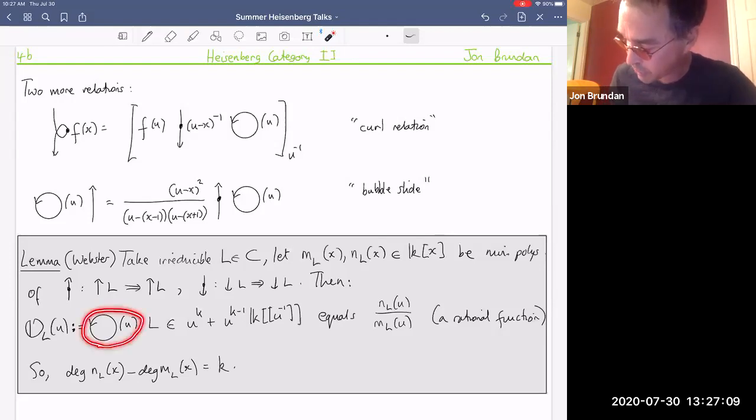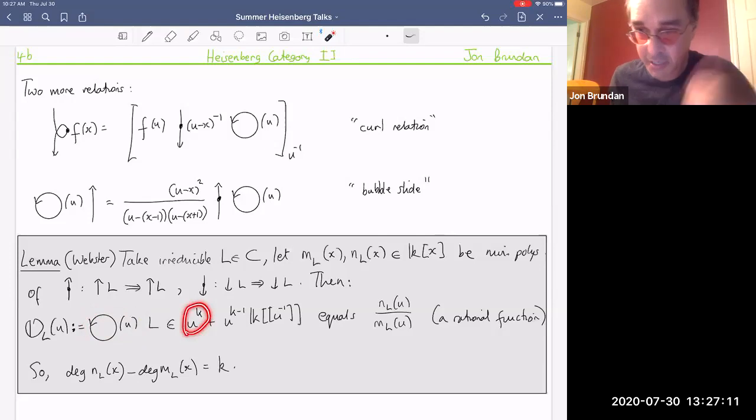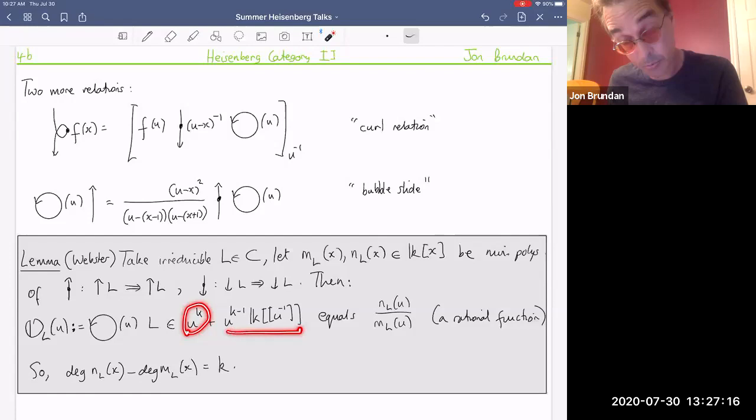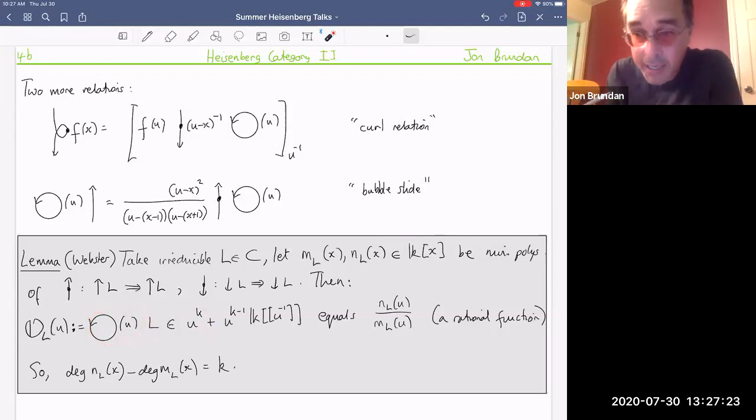Because of the definition of the dotted bubble, this formal Laurent series has top term u to the k, and then lower terms because we're doing power series in u inverse. So this dotted bubble evaluated on L encodes all of the central character information about that irreducible module L. That's going to be very important. I'm just going to call it O_L(u). O is meant to remind you of that bubble: O_L(u) is that counterclockwise bubble evaluated on L.